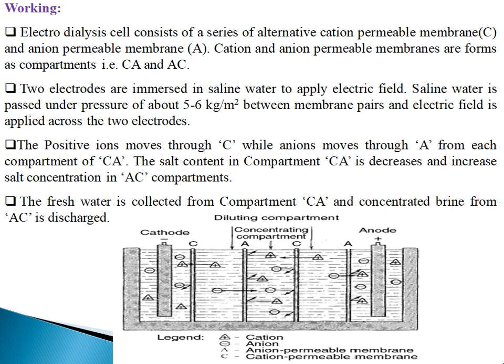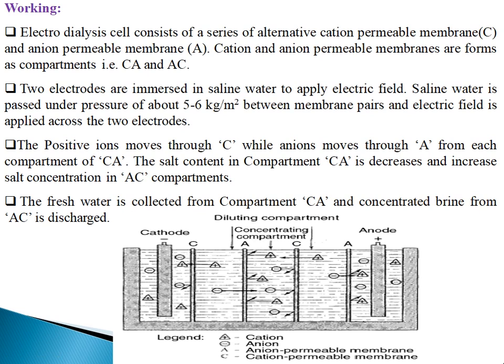Working procedure of electrodialysis. In this method, the cell consists of a series of alternating cation permeable membranes and anion permeable membranes. These membranes form compartments, like the Ca compartment and the Ac compartment.